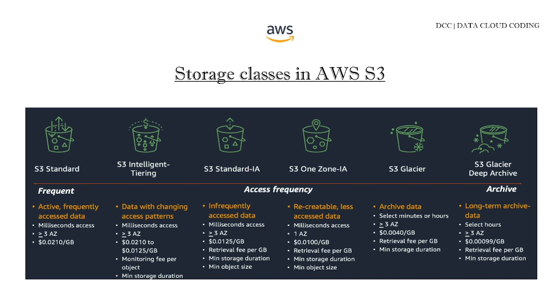If you want to access your data within minutes or hours, you can go for S3 Glacier. If your data can be accessed over a longer period of hours, you can go for Glacier Deep Archive. For Glacier we have a storage charge of $0.004 per gigabyte, and for Glacier Deep Archive a storage charge of $0.0009 per gigabyte. Okay, so I hope the storage classes concept was pretty clear.